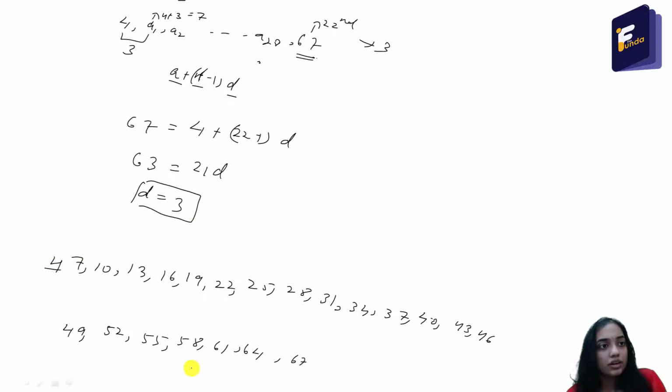Leaving these two, this whole set of 20 numbers is the 20 arithmetic means between 4 and 67. So this is the way I calculated the arithmetic means.